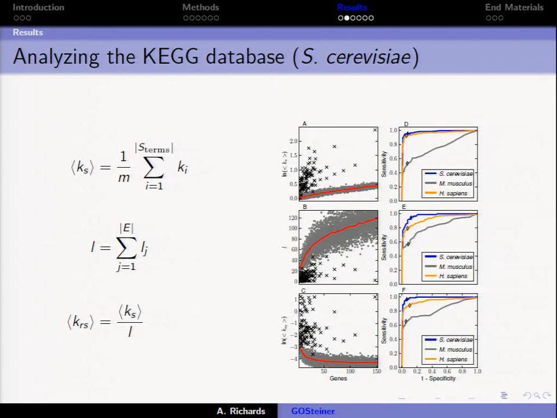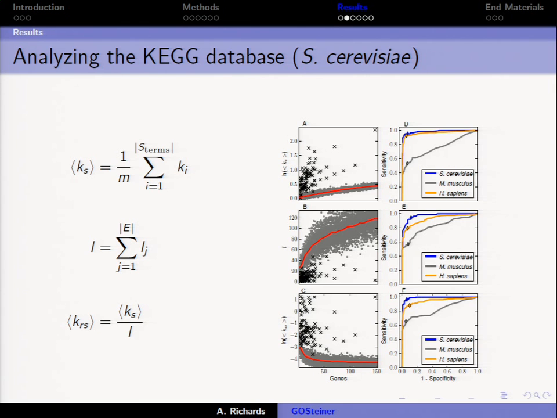Sorry. So these are the data for 3 different metrics. The first metric is the terms that are actually used to annotate, and that is just summed over all of the terms. And the combination of the two.